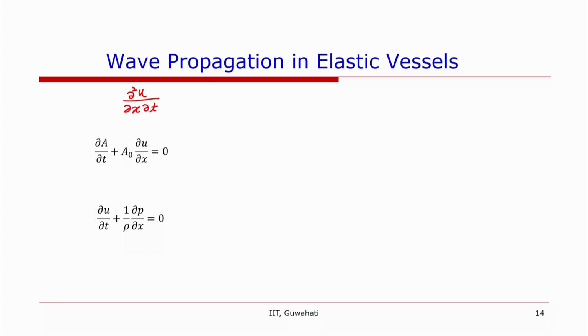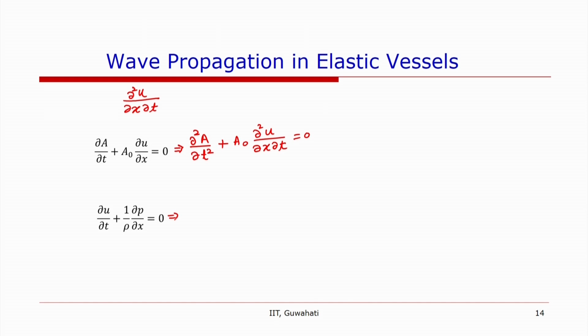If we do that, from here we will get del 2A over del T2 plus A naught del 2U over del X del T is equal to 0.